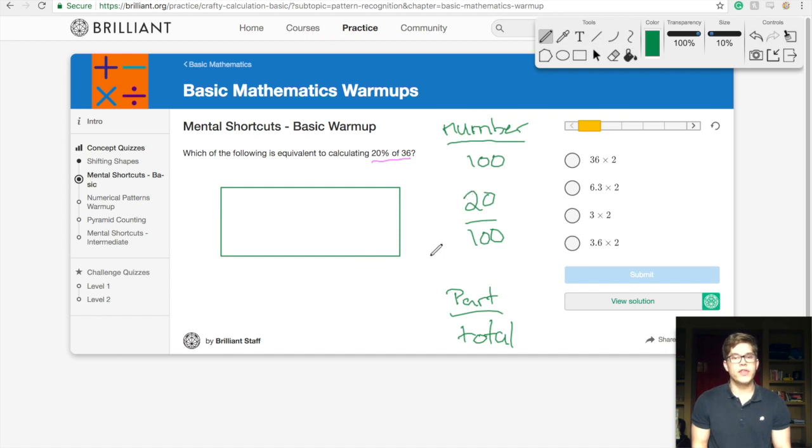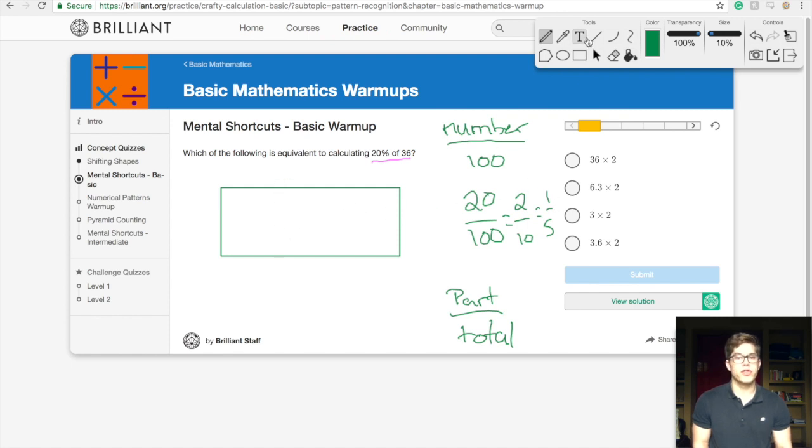And if you simplify it as far as it can go, 20 over 100 is 2 over 10, which is 1 over 5. And so 1/5 is equivalent to 20%.